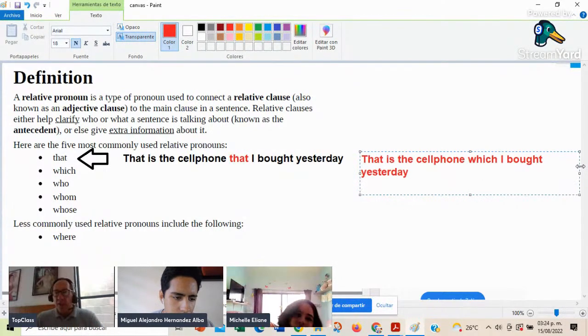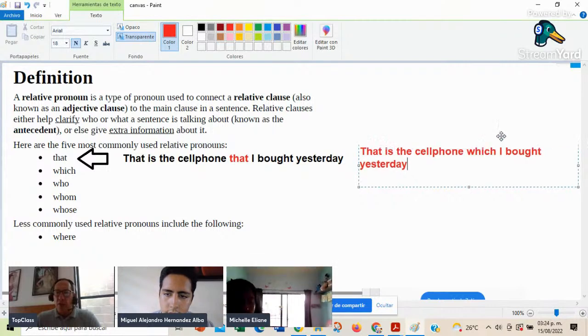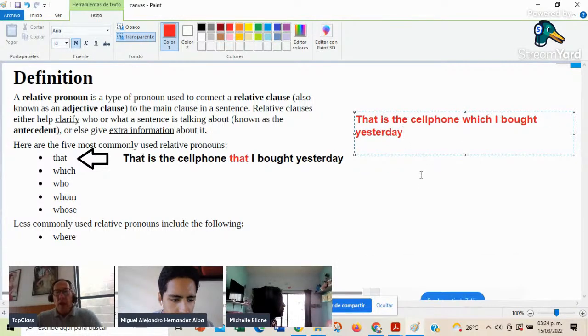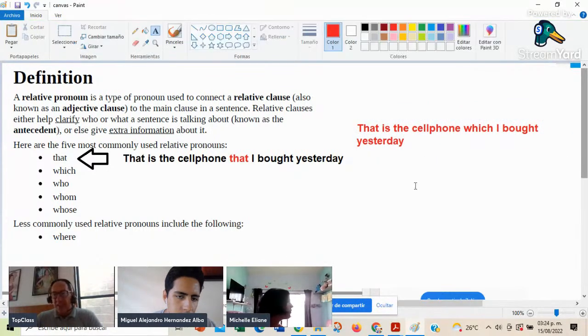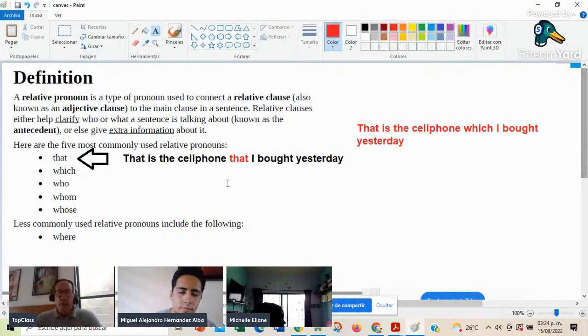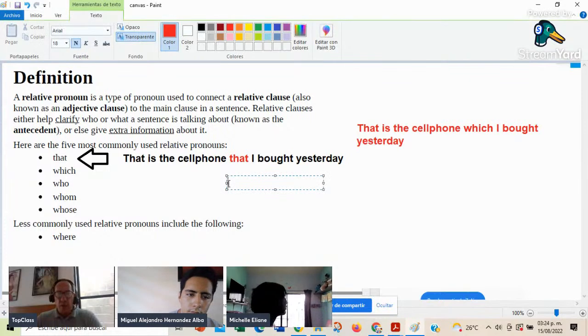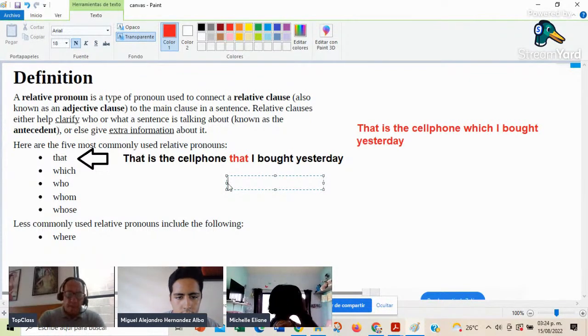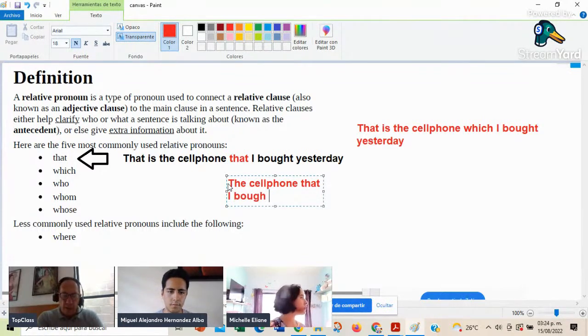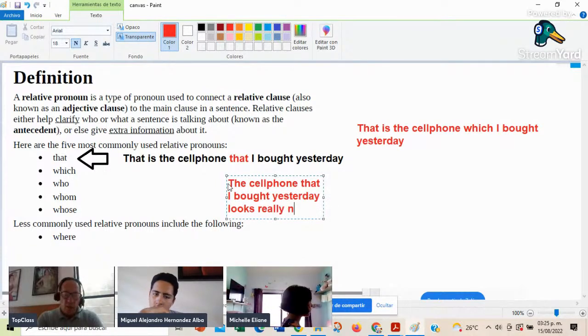Oh, well, one important thing that we didn't mention is that we can also reverse the order of some sentences, not always, but sometimes. For example, the cell phone that I bought yesterday looks really nice, right?